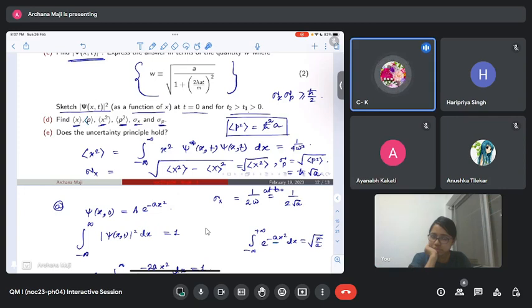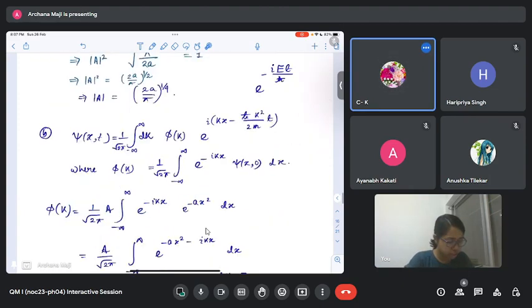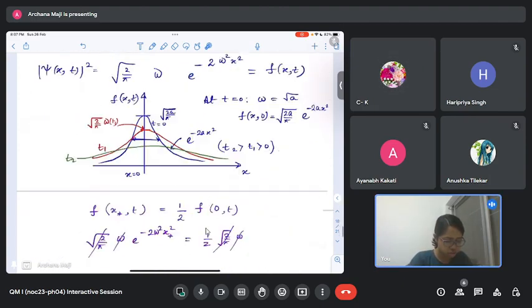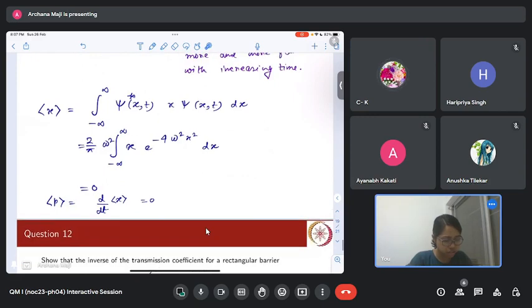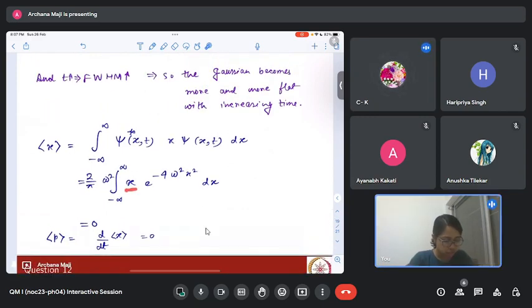Yes, ma'am. What is the value of the expectation value of x and p? Oh, that we derived. The expectation value of x will be 0, because this is an odd integration. This entire thing is even under x going to minus x, but x is odd under x going to minus x.